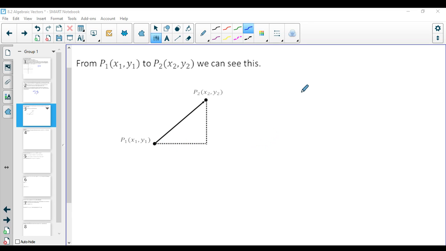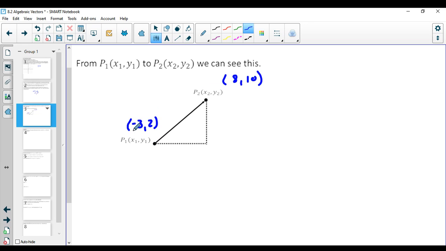Maybe what if this point was, I don't know, -3, 2, and this point was 8, I don't know, 10. Yes. And so that line would be 11, right?